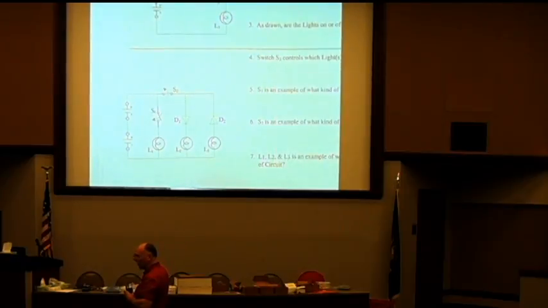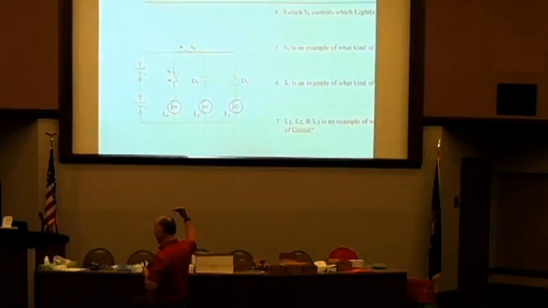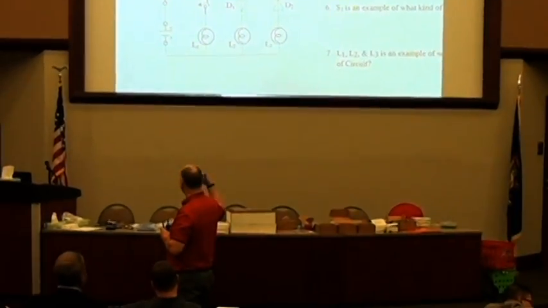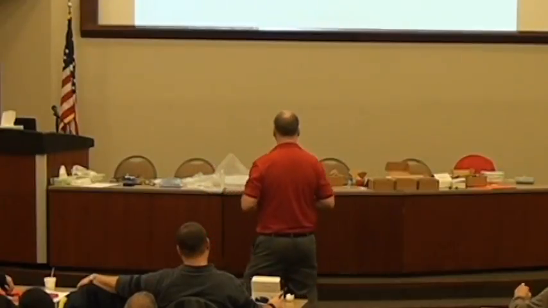This is just a point that I want to show you, that diodes have to be in the right direction to allow current to flow. So it's kind of a tricky question. You won't see this on the exam, but you would see either one of those two parts on the exam. Would L3 light up as shown, or which switch controls what lights without the diodes? That's what you could expect to see on the exam. Okay?